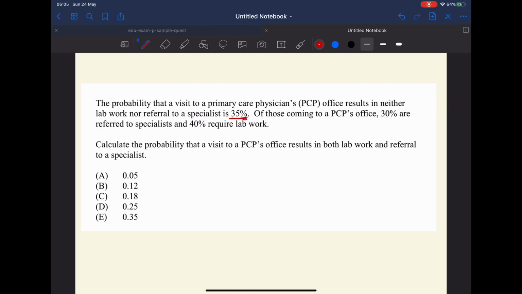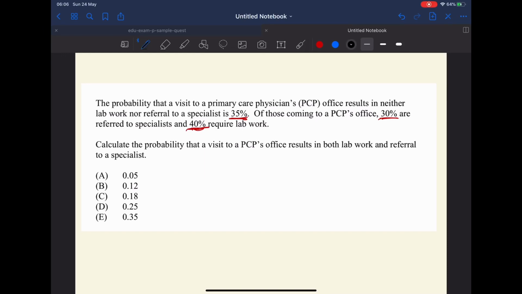Of those coming to the PCP's office, 30% are referred to a specialist and 40% required lab work. We are asked to calculate the probability that a visit to a PCP's office results in both lab work and referral to a specialist.